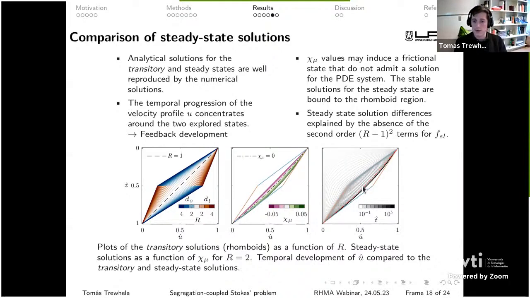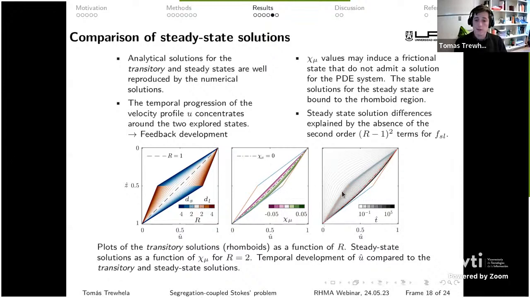So this is the fully developed velocity profiles, starting with white tones at the early stages of the momentum transfer, moving towards the darker tones, which are the steady state. And then, as you see, the steady state in the black line fits very well with the dashed dot line in red, which corresponds to chi mu equals 0.